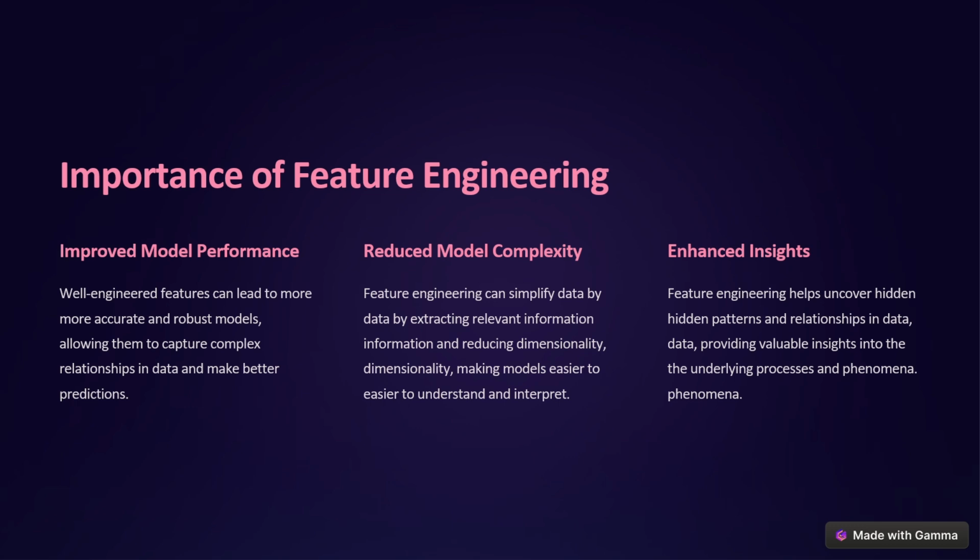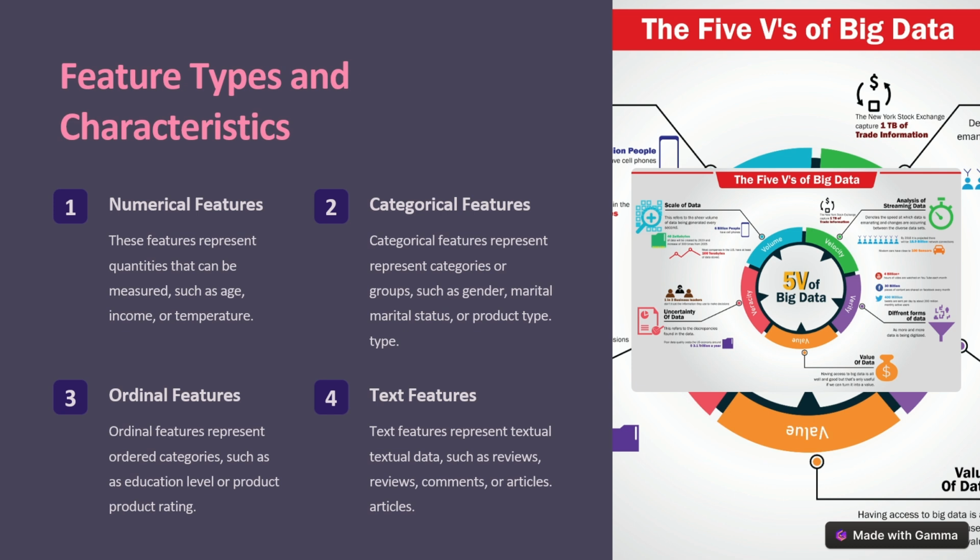So there are four types of features. Let's talk about the types of features you will work with: numerical features, categorical features, ordinal features, and text features. In numerical features, you will deal with numbers like age, income, temperature.